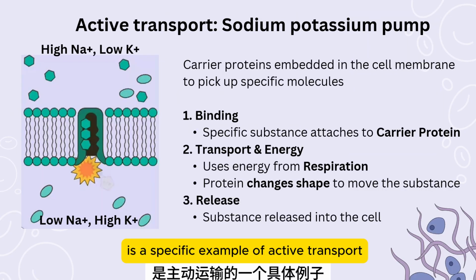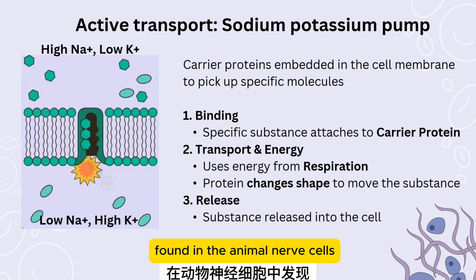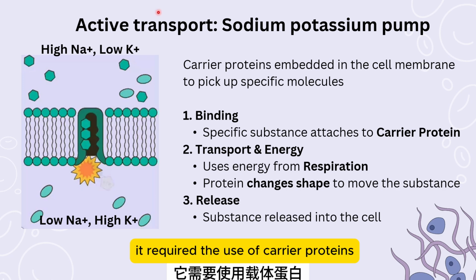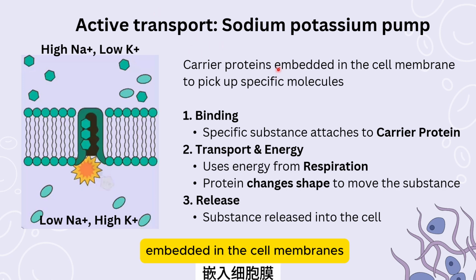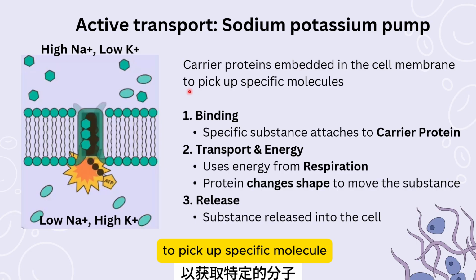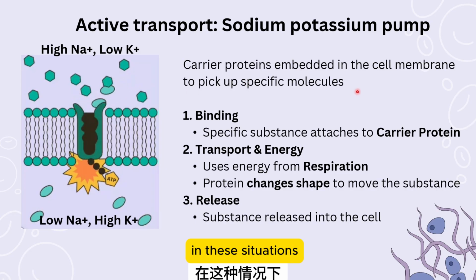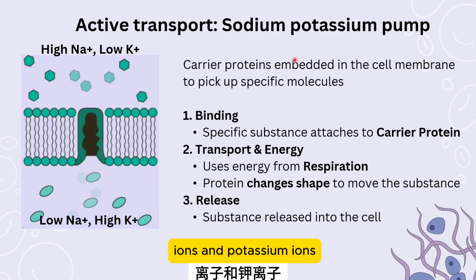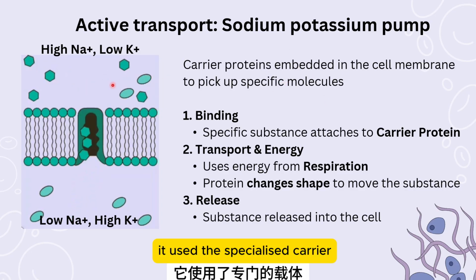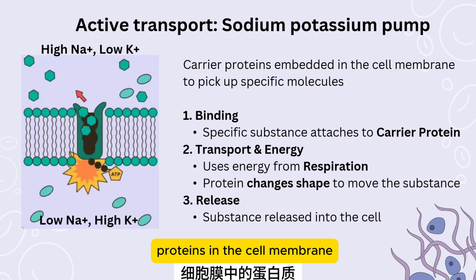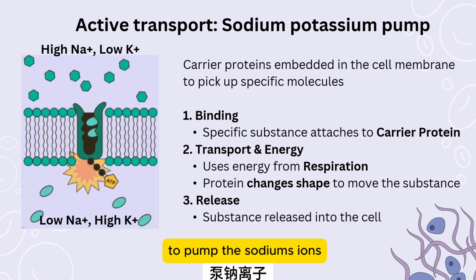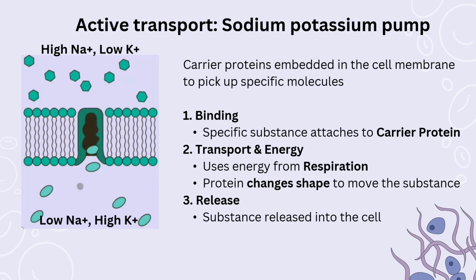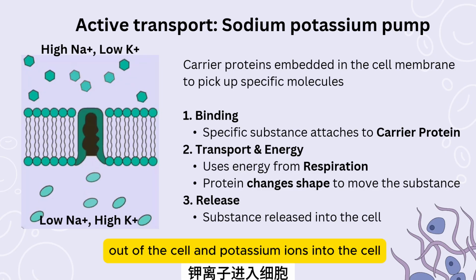The sodium-potassium pump is a specific example of active transport found in animal nerve cells. It requires the use of carrier proteins embedded in the cell membrane to pick up specific molecules. In this situation, they pick up sodium ions and potassium ions. It uses specialized carrier proteins in the cell membrane to pump the sodium ions out of the cell and potassium ions into the cell.